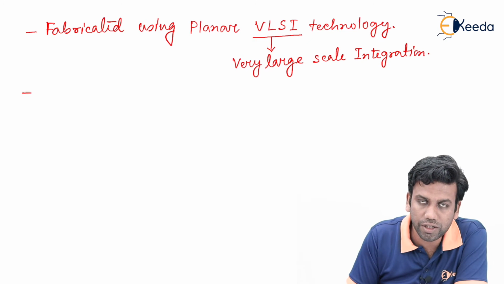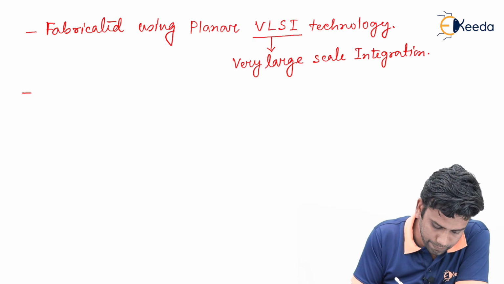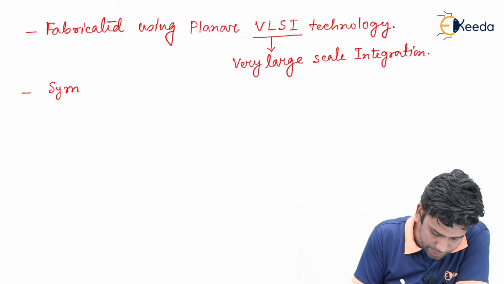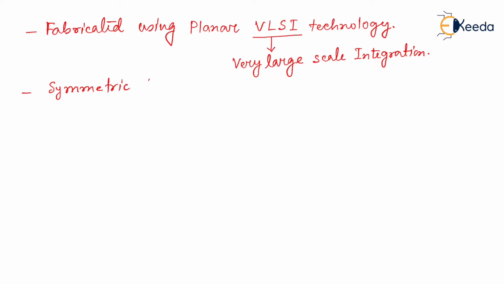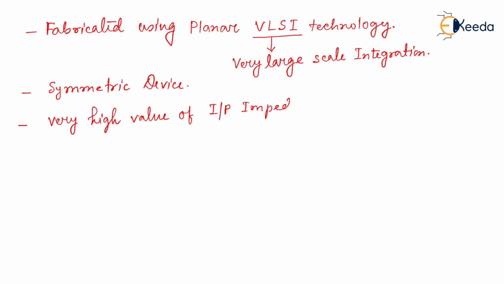Like the junction field effect transistor, MOSFET is also a symmetric device. MOSFET devices will have a very high value of input impedance and very low value of power dissipation.